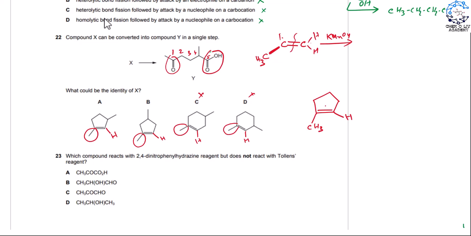If this double bond breaks, this is going to form carboxylic acid and this is going to form the ketone with the methyl group. Now if this is my 5 position and this is my 1 position, then at the 4 position, 1, 2, 3, 4, there is a methyl group, CH3. So this is my original compound which is broken down to form Y. Let's find out which option is matching. I can find option A is matching. Okay, hope it is clear, and this is how you need to figure it out.